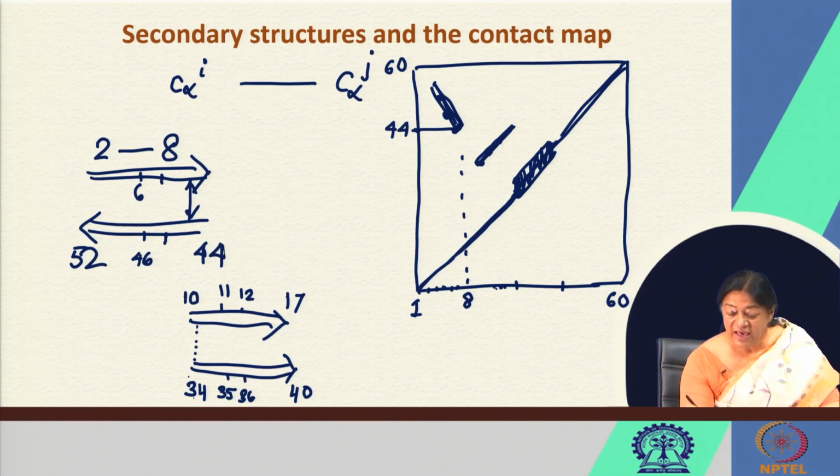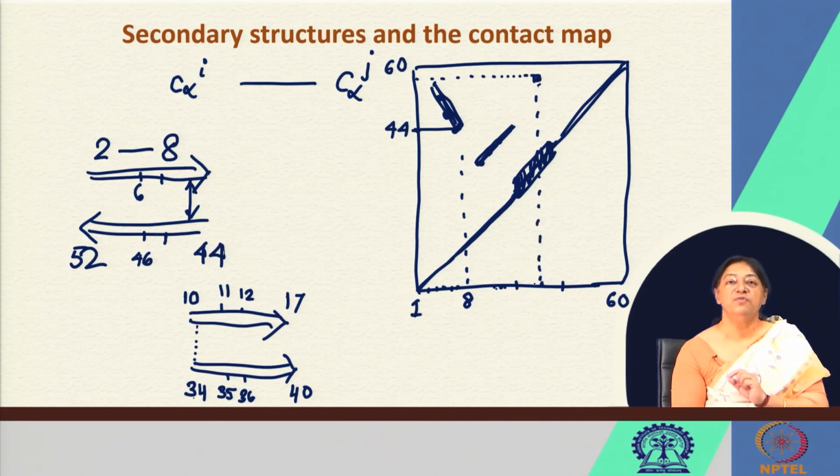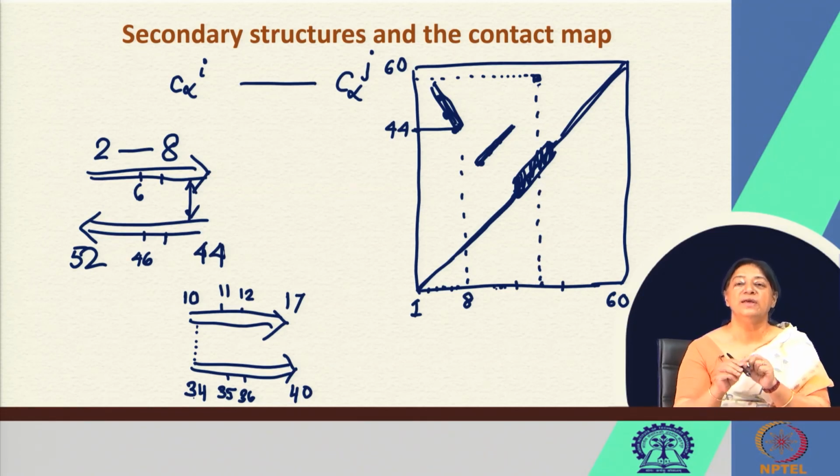For example, if I have an extra dot here, this extra dot may give me some information, saying that there is 58 and, say this is around 40. So, 40 and 58 are close together in 3-dimensional space. Now, the question may arise as to why these two particular residues are close to one another. It could be that they form a disulfide bond. It could be that there is an electrostatic interaction.